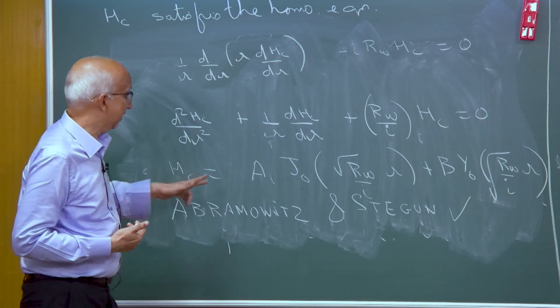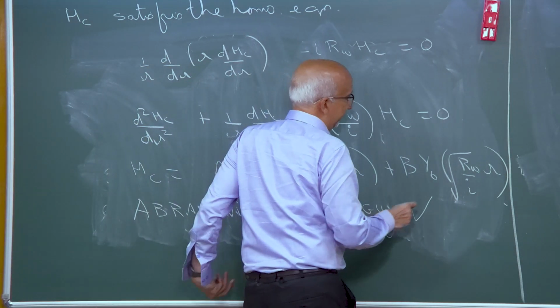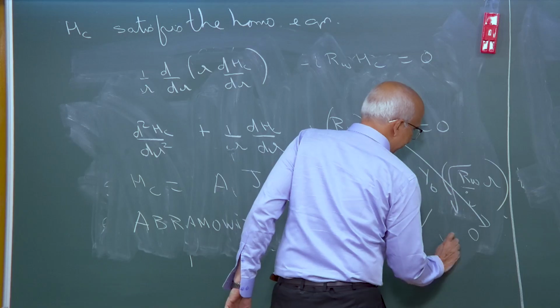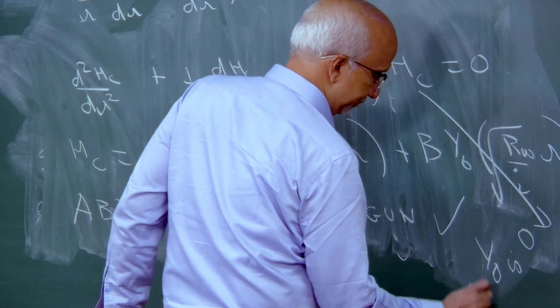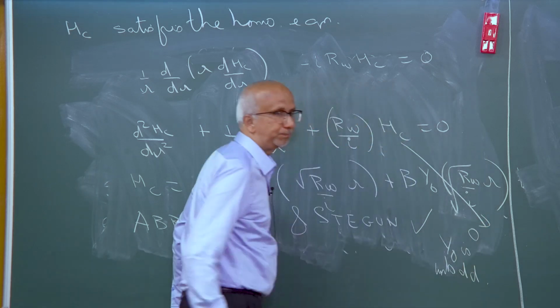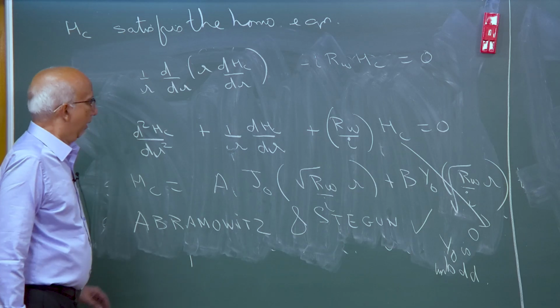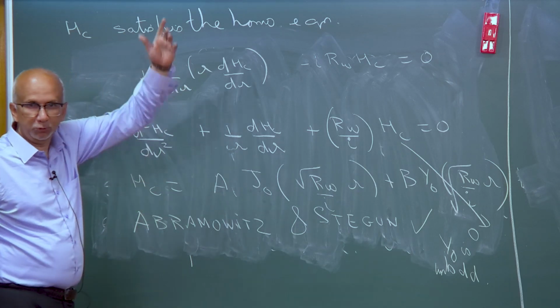Okay, so now this is the solution, great. So I have the homogeneous solution. One part goes to 0 because Y0 is unbounded, and you don't want the velocity to shoot off to infinity.